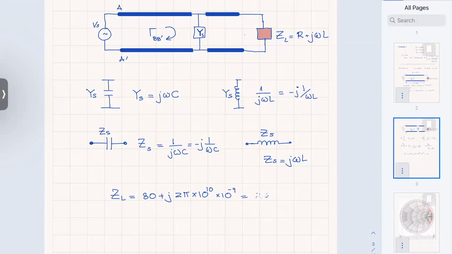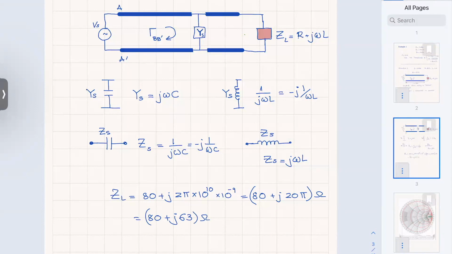Let me write the 80 first: 80 plus j 20 pi, all in ohms. To find 20 pi, 20 times pi is about 62.8, I will say 63 approximately. So this gives 80 plus j 63, all in ohms.